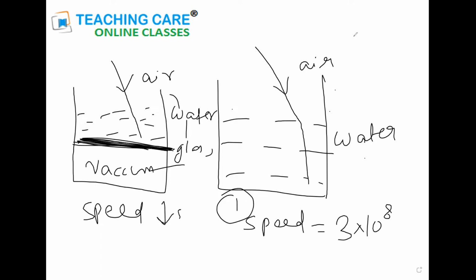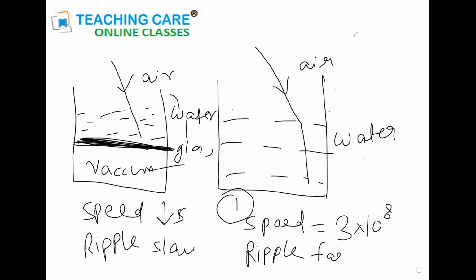Okay? Now once the speed of light decreases, the ripples' speed becomes slow. The speed with which ripples are moving becomes slower. Here the ripple movement was fast. Understand the difference? What was in the first case and what is in the second case?